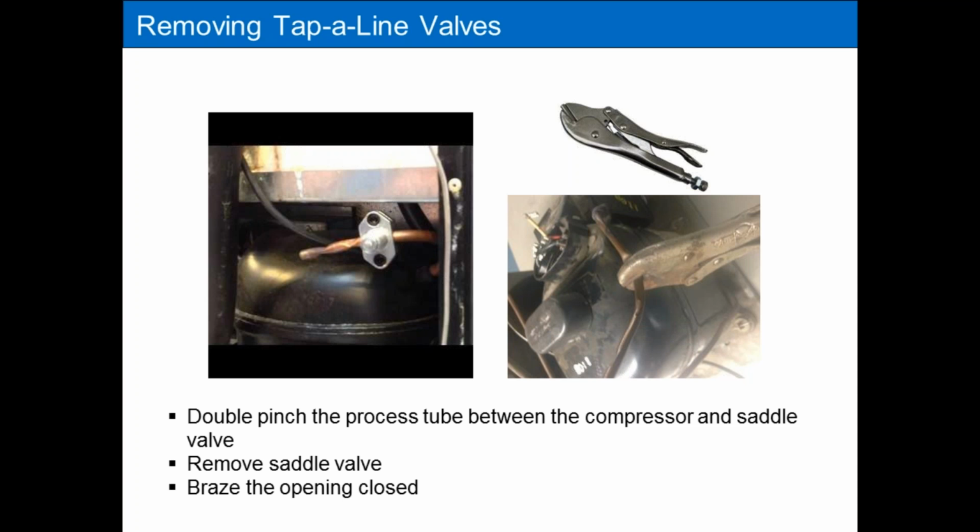Take off the saddle valve, expose the hole that you made, and braze it shut. You're holding refrigerant back with your pinch-off tool, but you're going to braze that little opening and then take off your pinch-off tool. Honestly, if somebody doesn't look close, they can never tell that you actually touched the system because you've pinched it off.